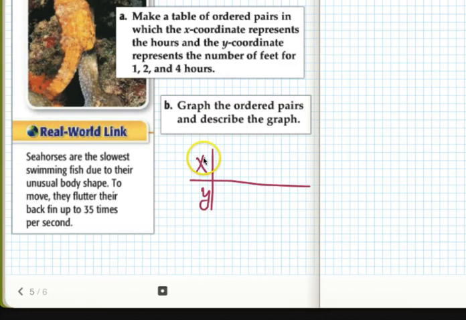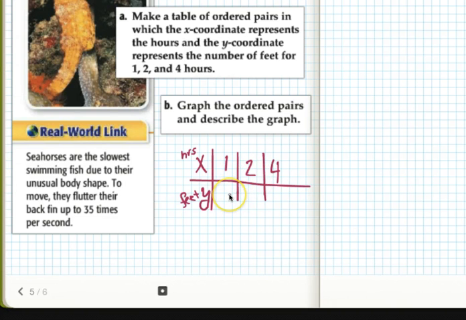X represents, in this case, the number of hours, so I might write HRS over here just so I know that. And the y-coordinate represents the number of feet. Okay. And I want to know the number of feet for 1, 2, and 4 hours. So my 1, 2, and 4 have to go with my x-coordinate in my table because those represent the hours.